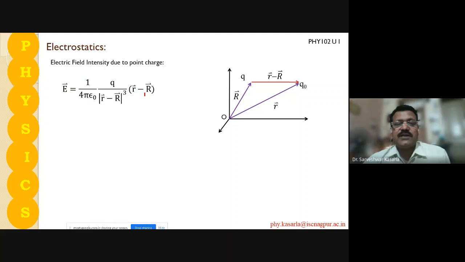So this is a vector quantity, and intensity is now expressed as a vector quantity. This is the expression.